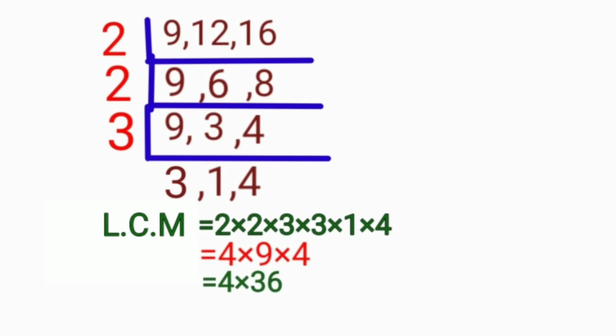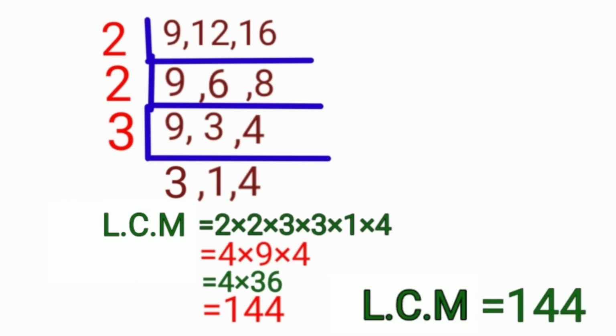We write 4 into 9 into 4. 4 9's are 36. 4 into 36. We multiply 4 into 36. We have 144. Now the LCM for 9, 12 and 16 is 144.